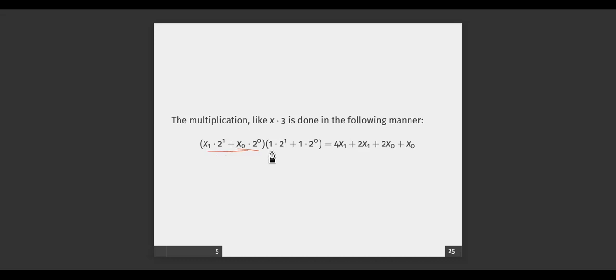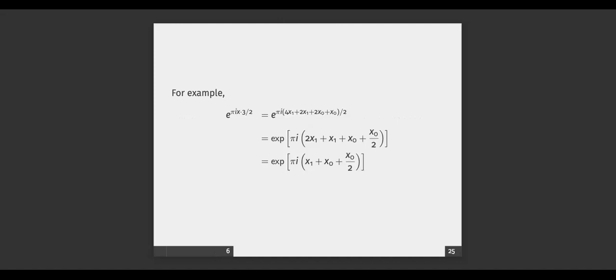We also know that the expansion of 3 in terms of binary is 1 multiplied by 2 to the 1, and another 1 multiplied by 2 to the 0. If you multiply this out, you will get this. So an example is, if you apply the bitwise multiplication, then this one becomes like this.